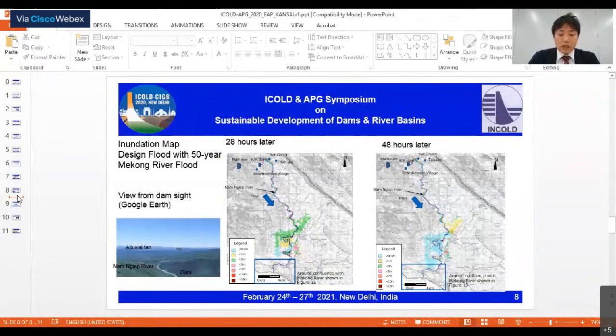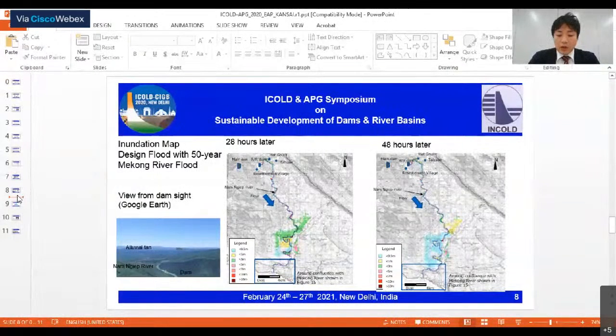This figure is the inundation map. In case of the design flood, 10 hours from the start of the flood discharge, amounting to 3,000 cubic meters per second, occurs, resulting in inundation at the middle river course, which is the maximum inundation after 28 hours, as shown in the left figure.